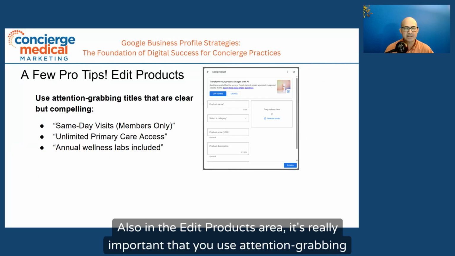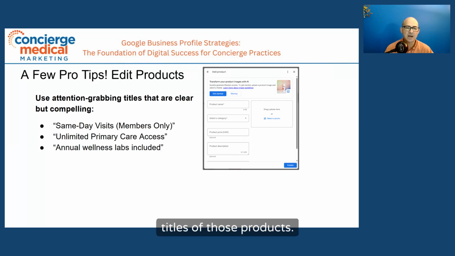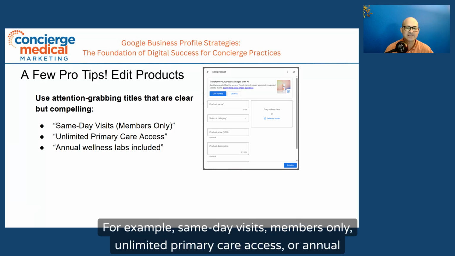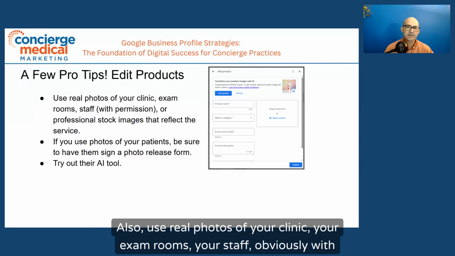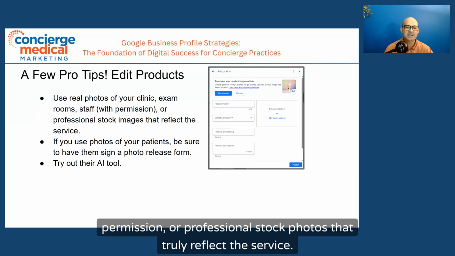Also, in the edit products area, it's really important that you use attention-grabbing titles of those products. For example, same-day visits, members only, unlimited primary care access, or annual wellness labs included. Also, use real photos of your clinic, your exam rooms, your staff, obviously with permission, or professional stock photos that truly reflect the service.